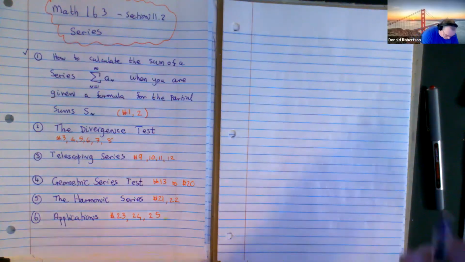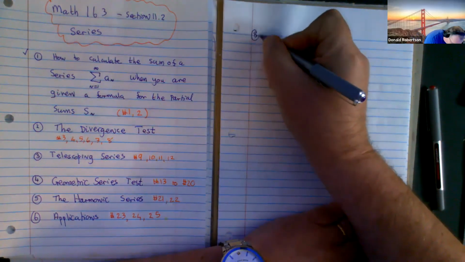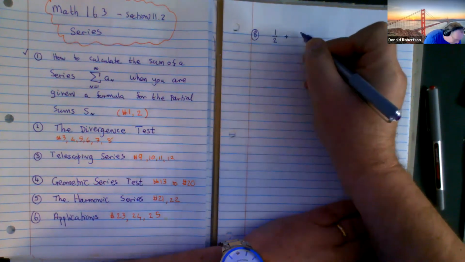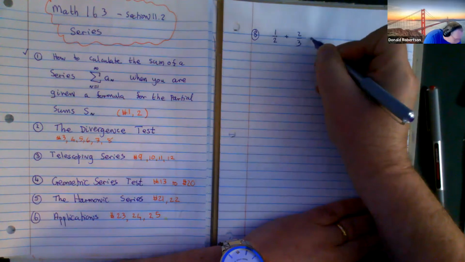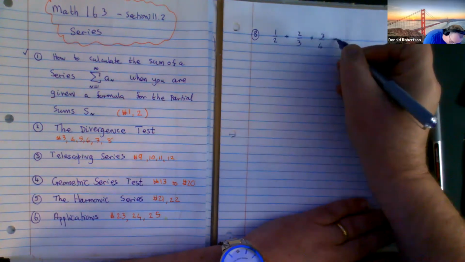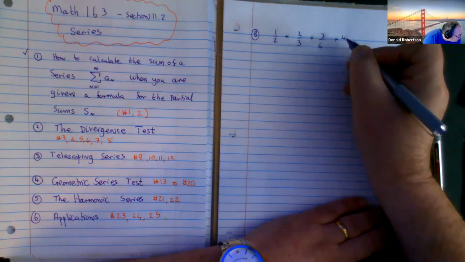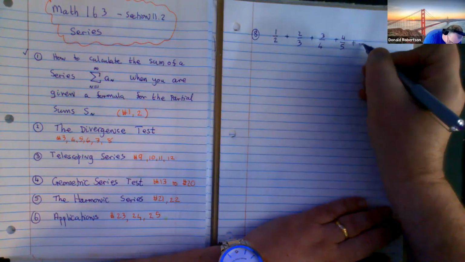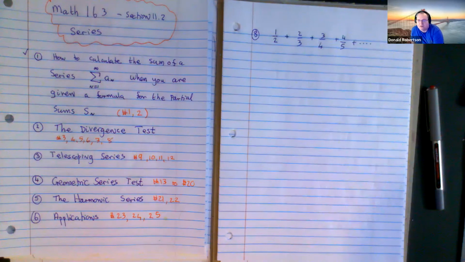Right. So I'm going to show you one more situation that is still the divergence test, but doesn't look like it. We're being asked, does this converge or does it diverge? Well, the problem with this fella is we don't know who the individual a_n are, the pieces that are going to be added together.